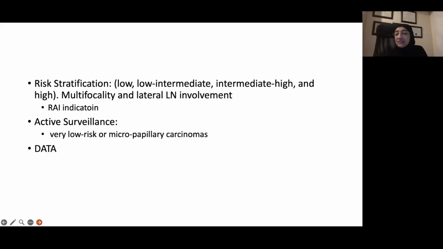And the DATA system has been implemented in the new guidelines. So what does that mean? After diagnosing, before you jump in and perform surgery, you can assess the patient for surveillance. As we saw, up to 2 centimeters, which is T2, you perform lobectomy, which is de-escalating, but for T1A, you can perform active surveillance. So you do not have to perform surgery. This is a big change in the practice.